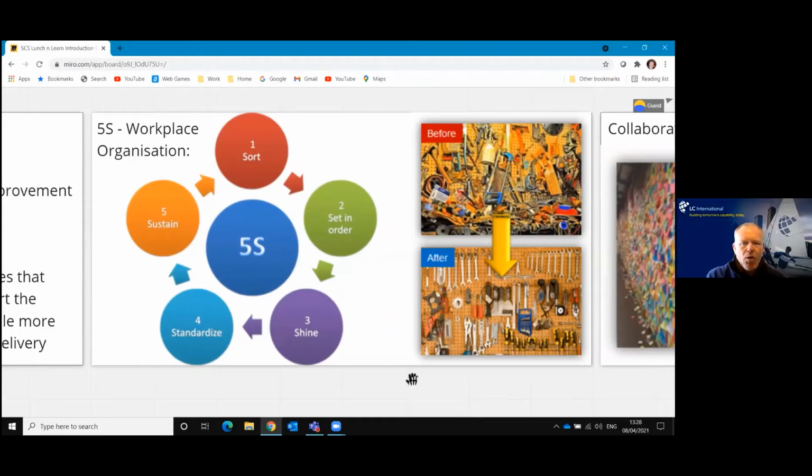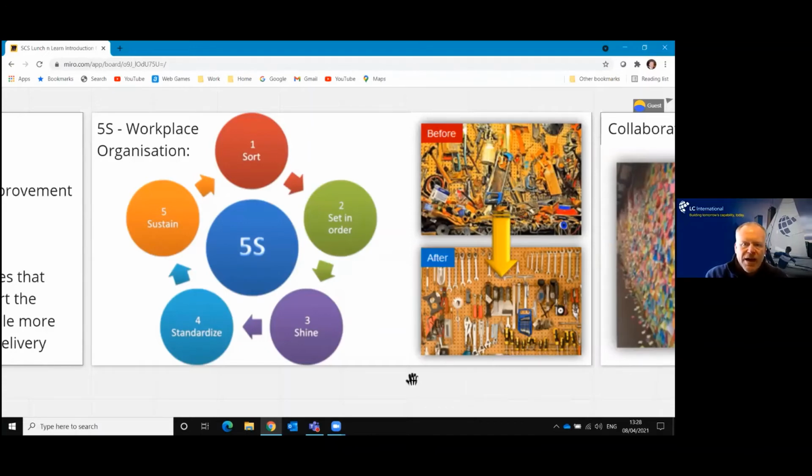Think about what you need to have sorted in such a way that you can perform your activities without having to seek out where information is, or which tool is the right tool for the job. Think about how you do that and organise that.